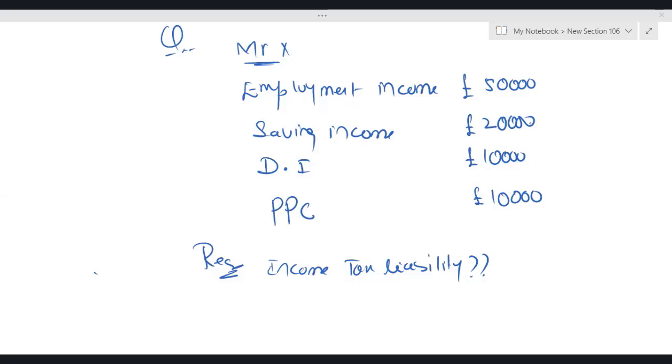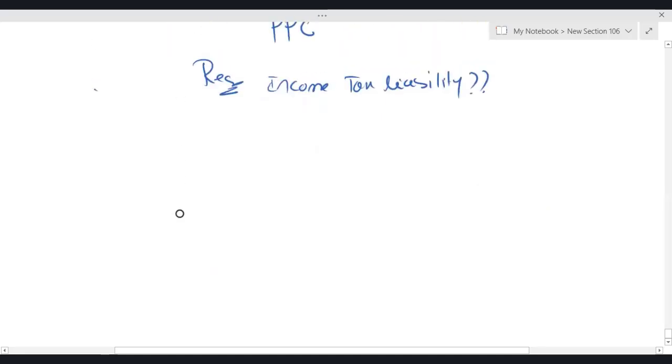We have employment income; all three sources of income are here: non-saving, saving, and dividend income.